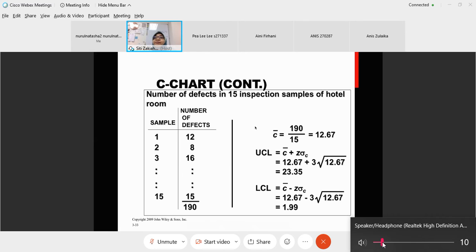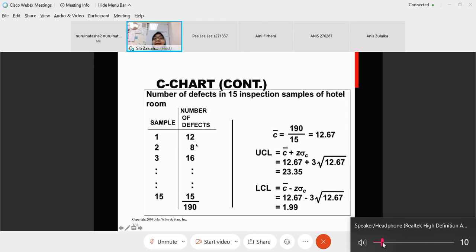So they look for defects in the hotel room. Here they take 15 inspection samples, meaning 15 rooms. Remember, C is counting the number of defects. In room 1, there are 12 defects.